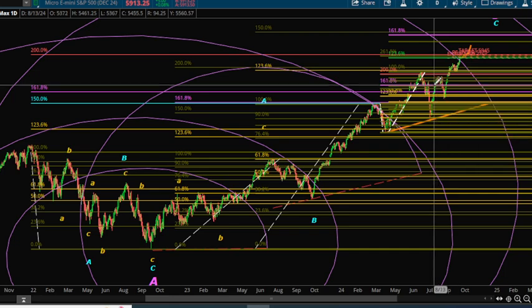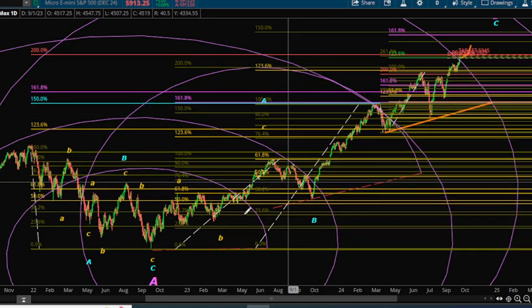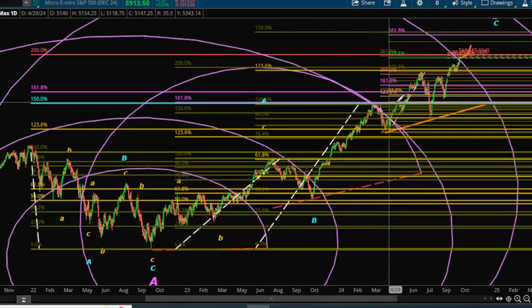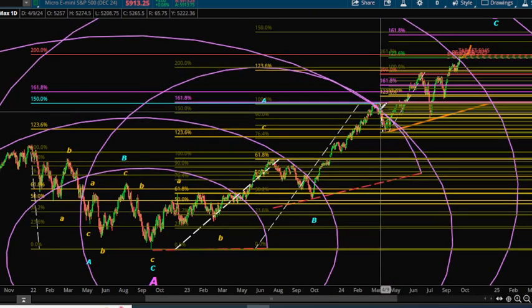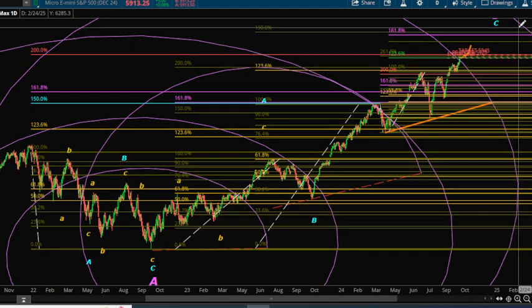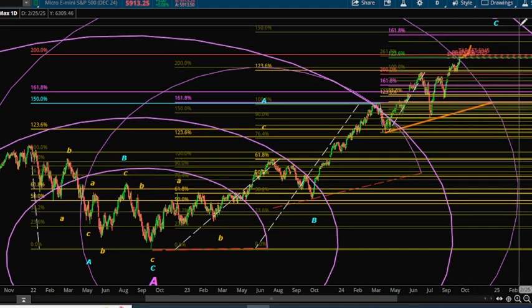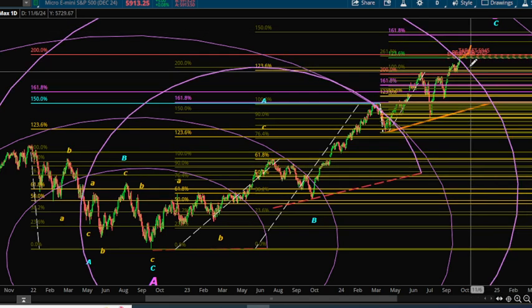So now we measured the ABC. This is an A. This is probably some kind of a B wave. So an A, B, C, D, E, and then we finish up the cycle up in here somewhere. So we could get a pretty big turn.